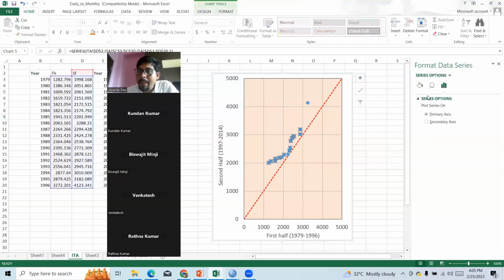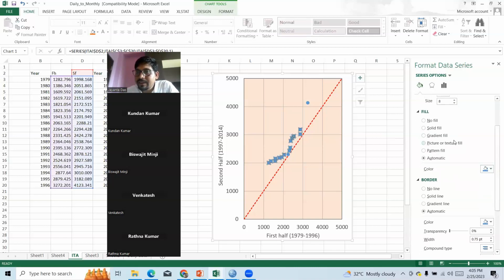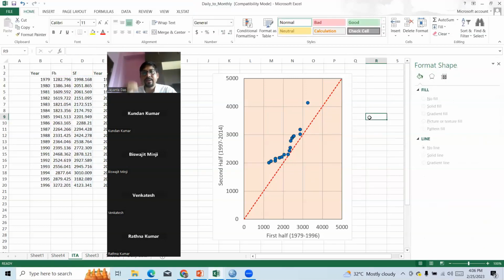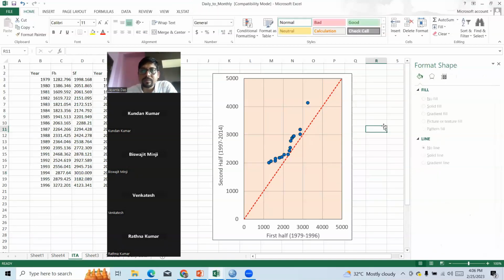Now select it again. You can change color according to your choice, according to your data type. It's rainfall data. That's why I want to give a color like dark blue, and a solid border like black. Okay, that's visible. Now select it again, border solid line. It's okay.